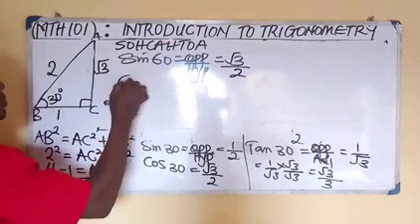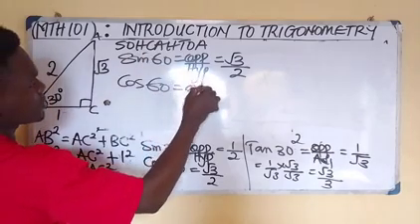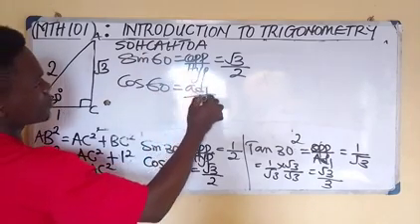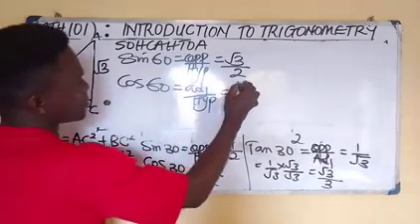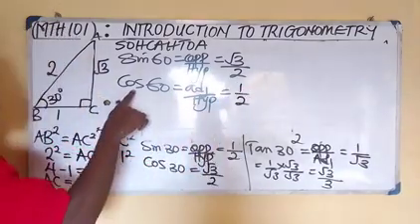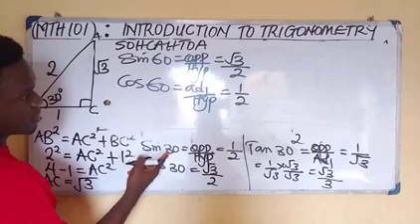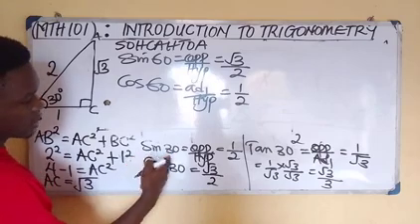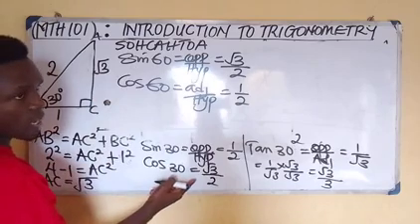Alright, so cos 60: cos is adjacent over hypotenuse. Adjacent is 1, then hypotenuse is 2. You can observe that cos 60 and sine 30 are the same. Alright, then sine 60 and cos 30 are the same.